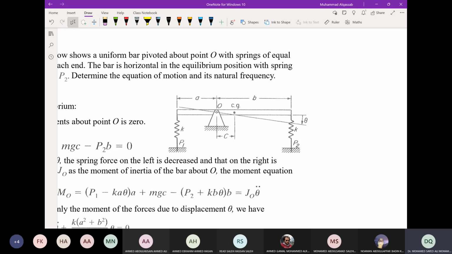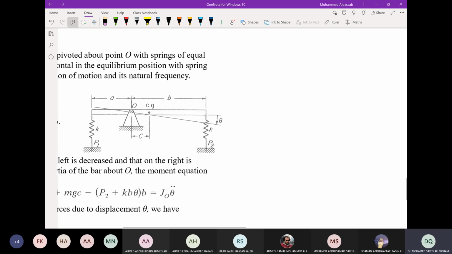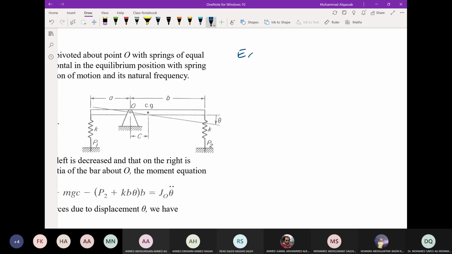The equilibrium position, if you take the equilibrium, the bar is horizontal and it is pivoted at point O, and you put the forces.